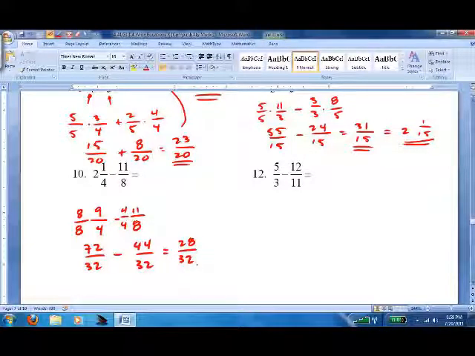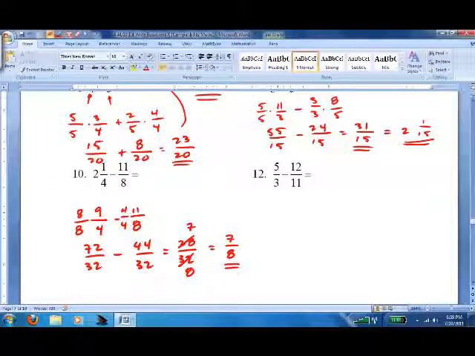Now that's not convertible to a mixed number, but it is reducible. So what goes into both? Well, I happen to know that 4 goes into both. 7 times here, 8 times here. So my final answer is 7/8. No, you don't have to change it into a mixed number, but yes, you must always reduce it.